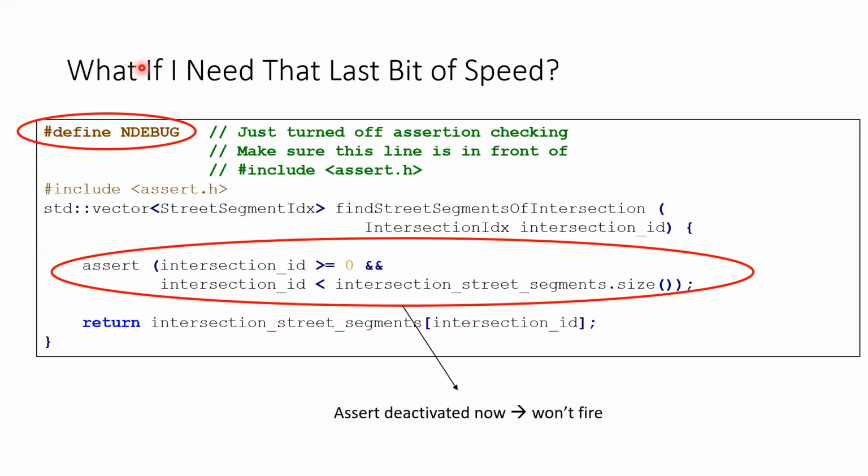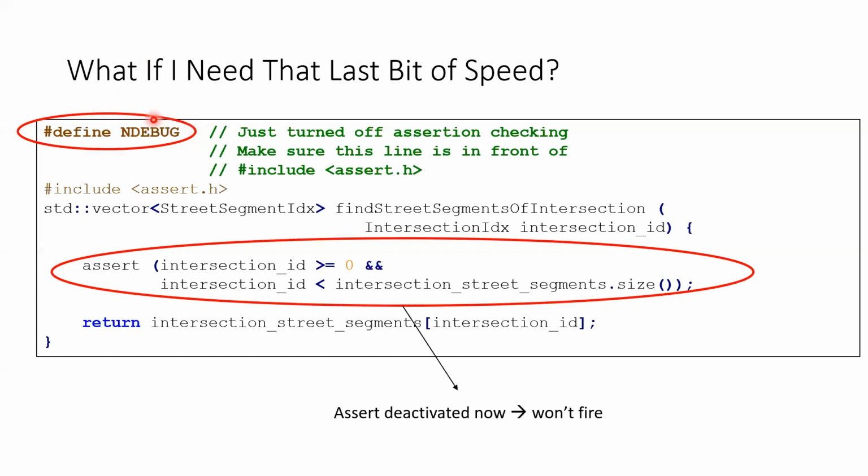So if you are just lacking the last bit of speed to pass the performance test, you can, before including assert.h, define NDEBUG. And this will disable all of the assertions in your code. This is just for passing the performance test.